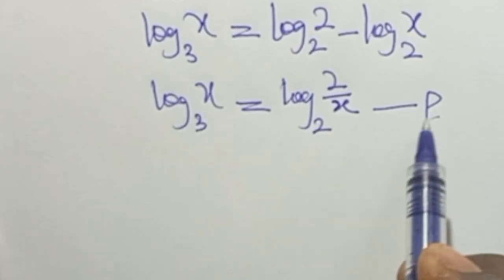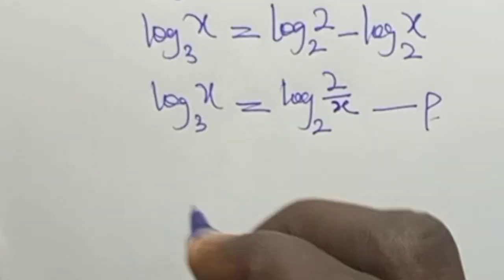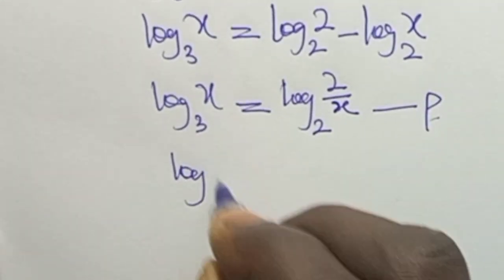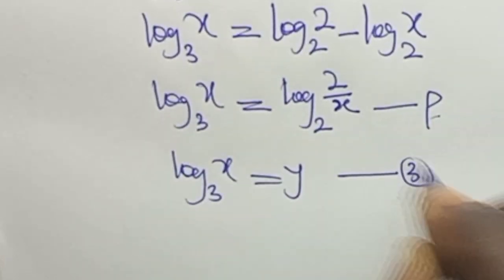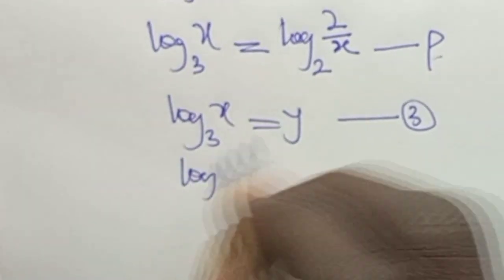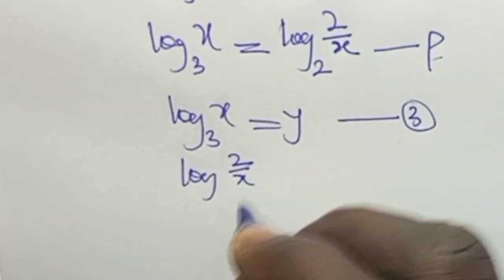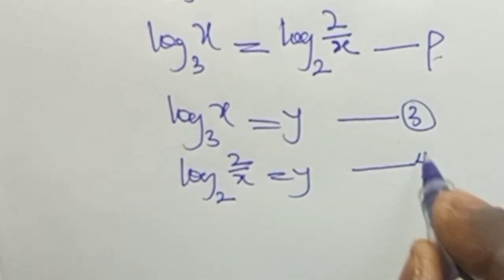So here we're going to say let equation p be equals to y. That way, we will generate two equations as log x to base 3 equals to y, equation 3, and log 2 over x to base 2 equals to y, equation 4.